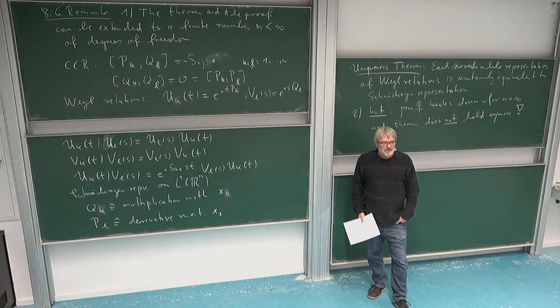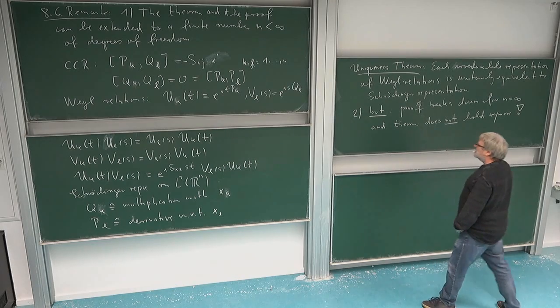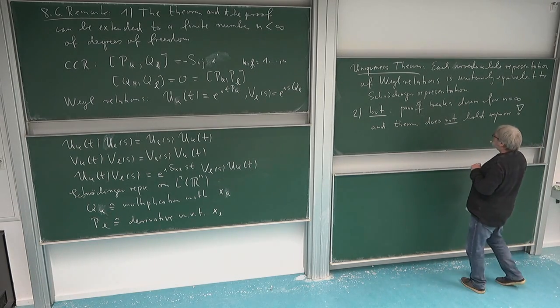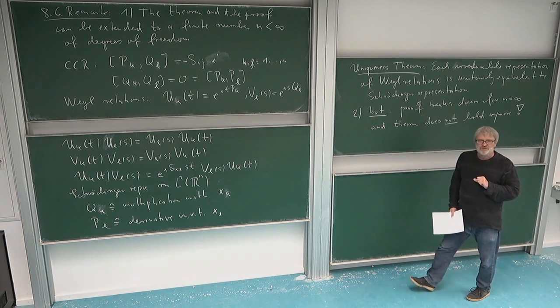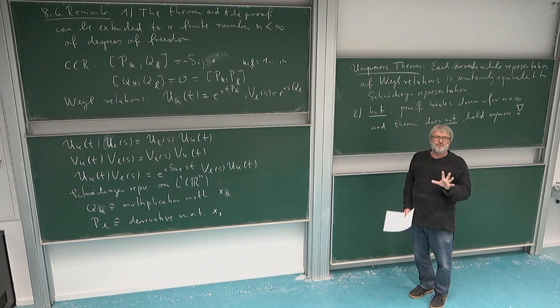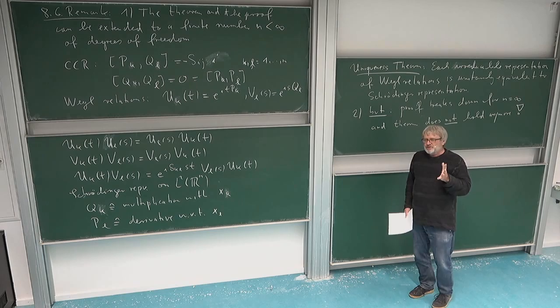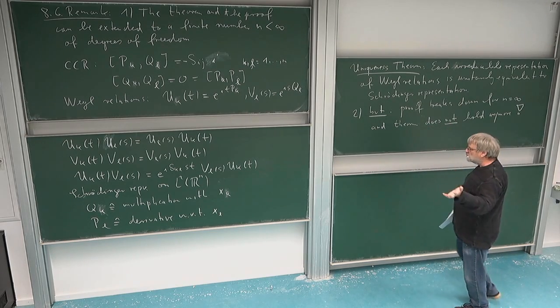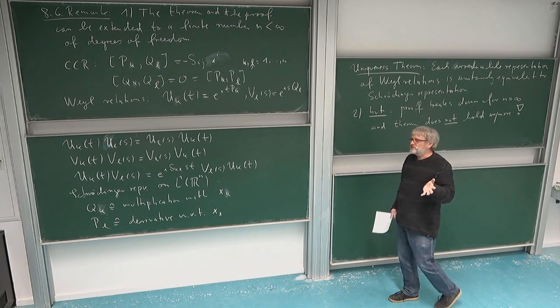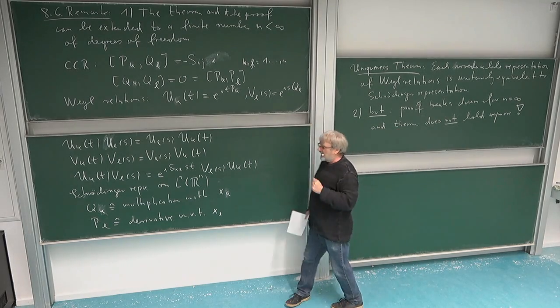So the rest of the term essentially will be to get an idea what is going on in infinite dimensions. So the situation there is very different from the finite case, and there are actually a huge amount of irreducible representations of the CCR in infinite dimensions.